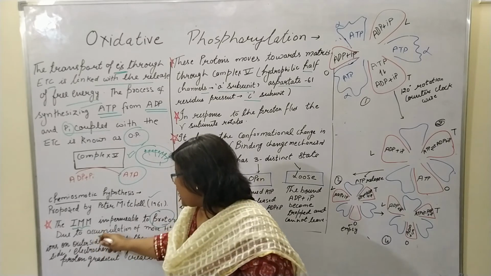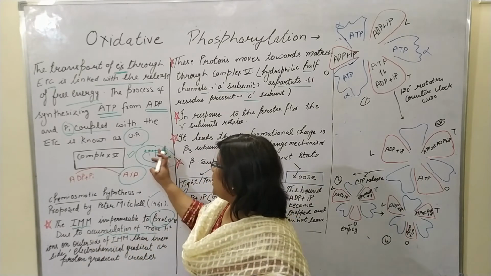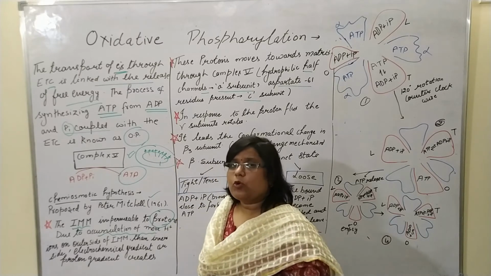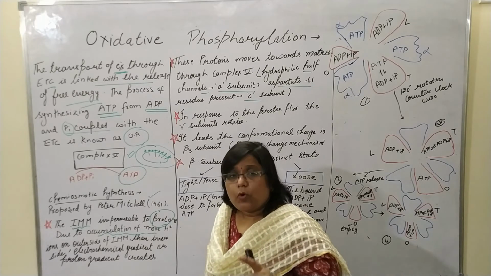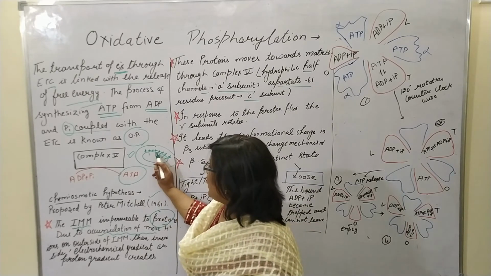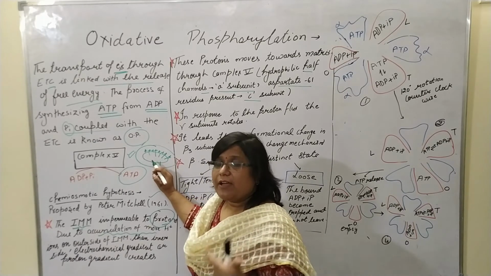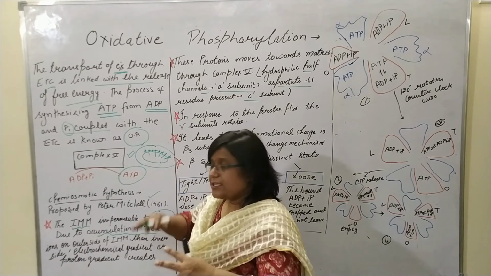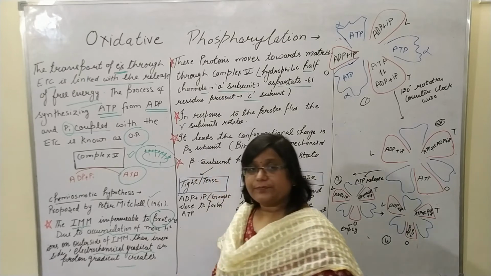So there is an accumulation of more protons, or hydrogen ions, on the outer side of the inner mitochondrial membrane, and the matrix is deficient in protons. The outer side of the inner membrane is very rich in protons, but the matrix side is deficient. So a proton gradient, or electrochemical gradient, is created.